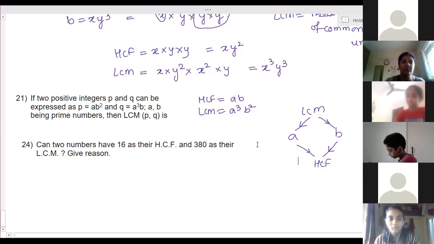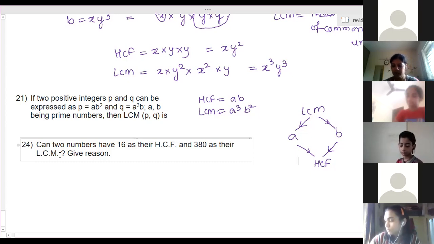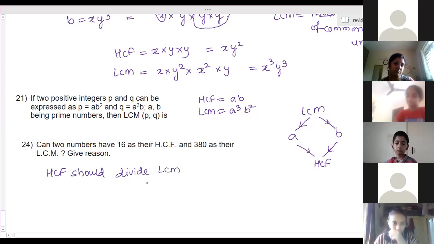So from that you will get to know this answer. Can two numbers have 16 as their HCF and 380 as their LCM? Possible? HCF should divide LCM.